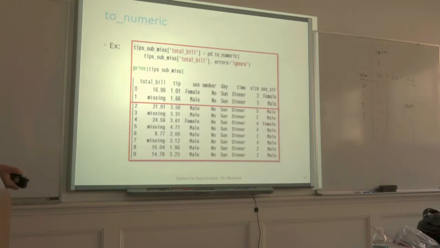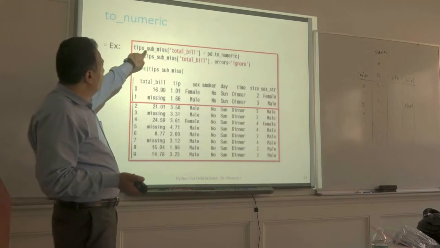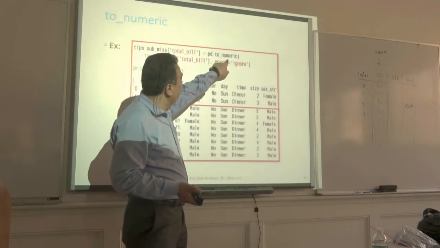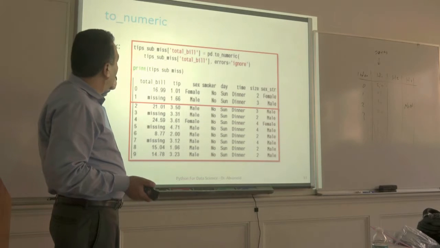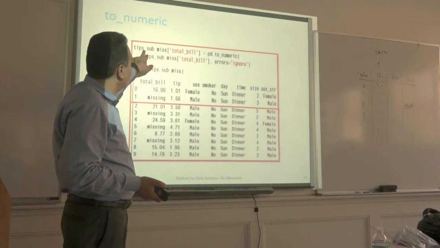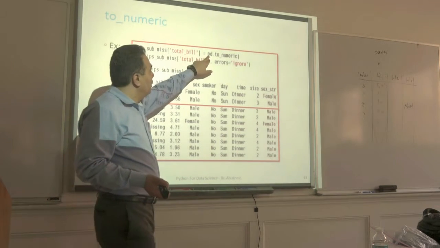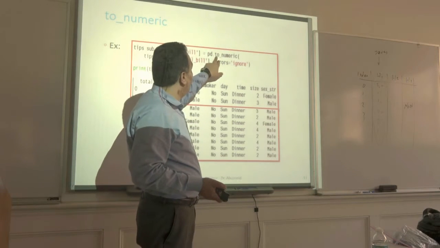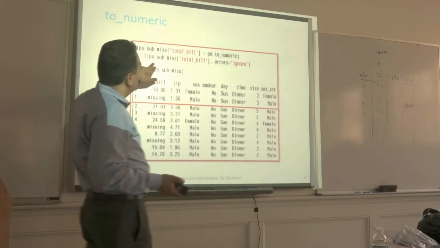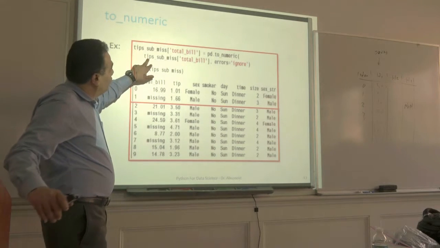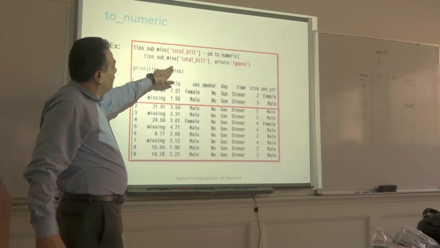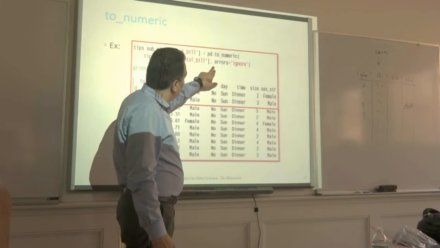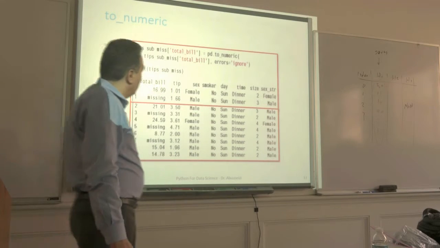So look in here. For the data frame I created with to_numeric, I'm creating a data frame from total bill, and I'm saying if there is an error, ignore.